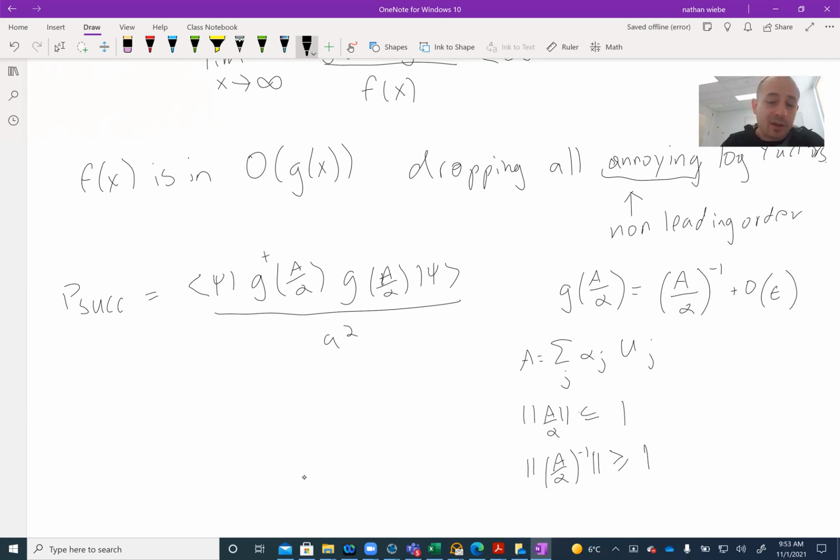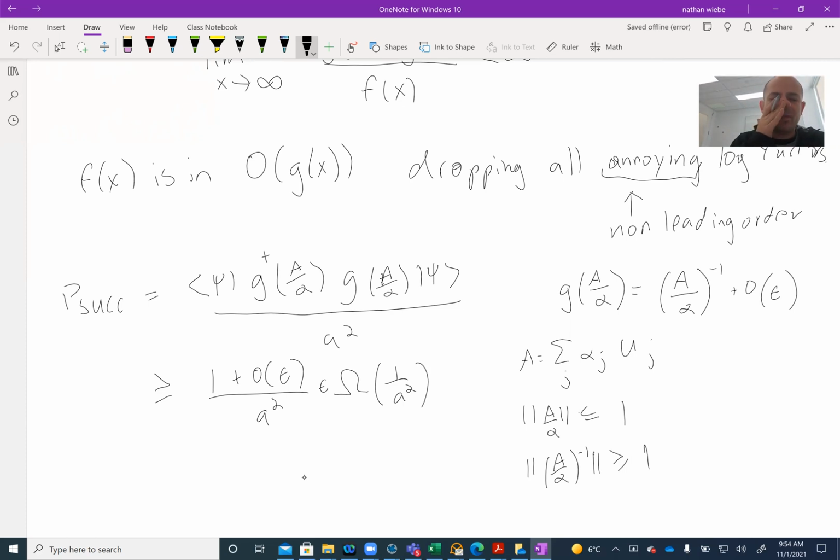And the largest eigenvalue of the inverse of A over alpha has to be at least the inverse of the largest eigenvalue, which is 1. Therefore, we can say that the probability of success is less than or equal to 1 plus order epsilon over alpha squared, which is in omega, which means lower bounded, 1 over A squared.